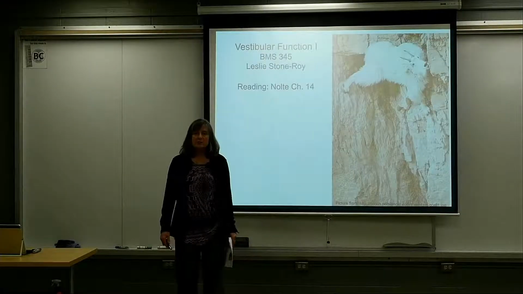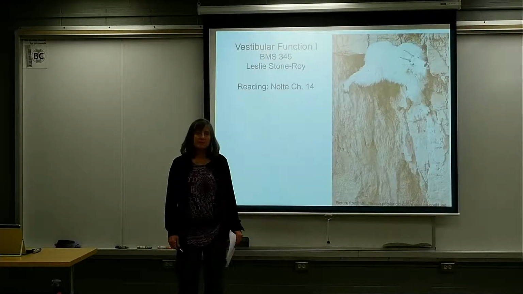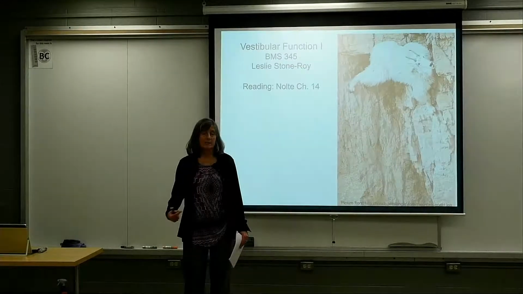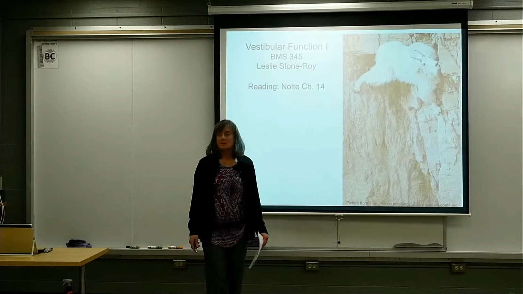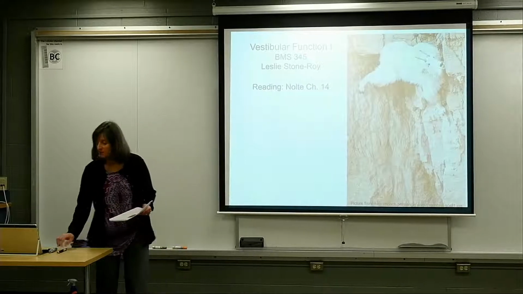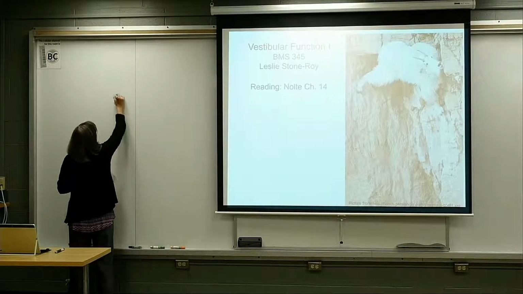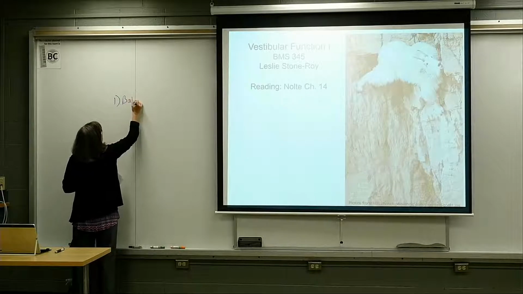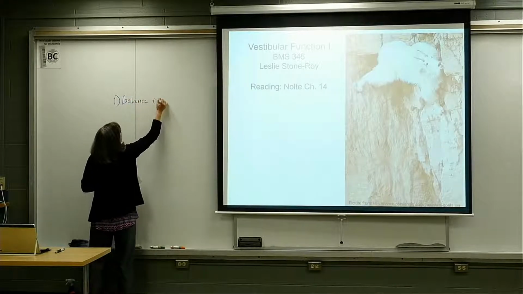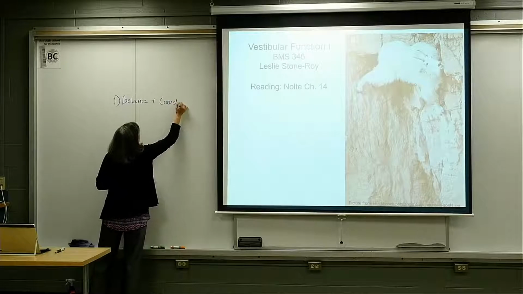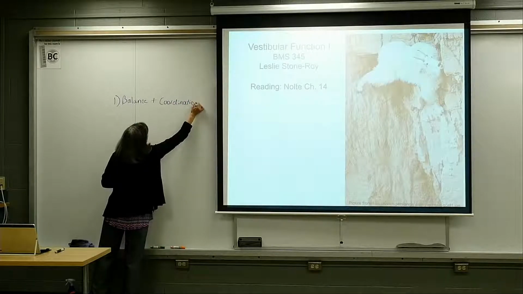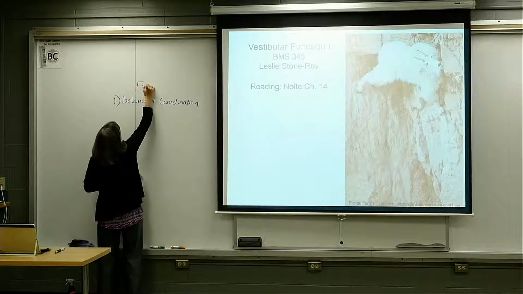Our vestibular system is kind of interesting because most people aren't aware of it unless something goes wrong. The vestibular system has a couple of main functions that are important. It's very important for balance and coordination. So these are functions.